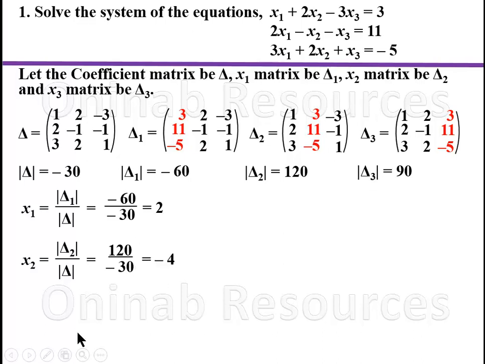And lastly, to get the value of x3, it is determinant of delta 3 over determinant of delta, which is 90 divided by negative 30, and that gives negative 3. We have done justice to this problem 1.